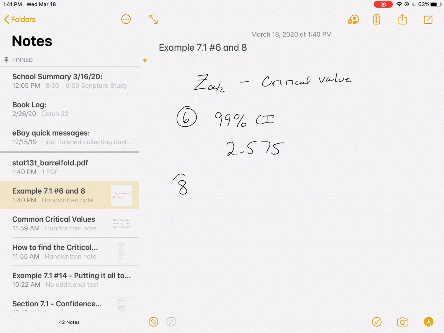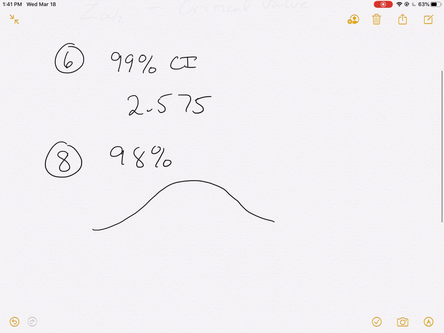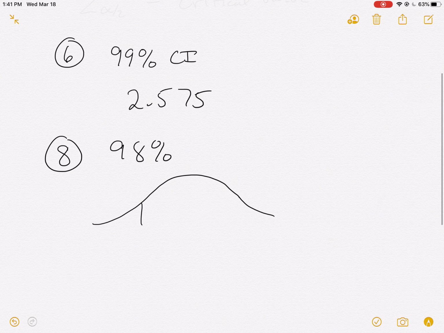Now for number 8, they want something that's not as common, the 98% confidence, and we've seen that happen already. Remember with this one, we're going to draw our picture so that 98% of the data lies right in the middle, which means 1% is on each side.